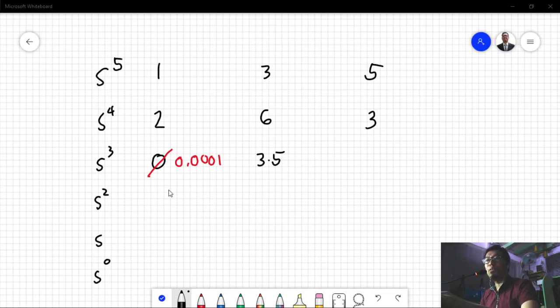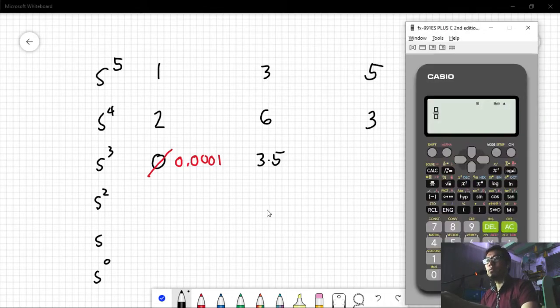So that pag kinumpute natin ito ngayon, that becomes 0.0001 times 6, minus 2 times 3.5 divided by 0.0001.